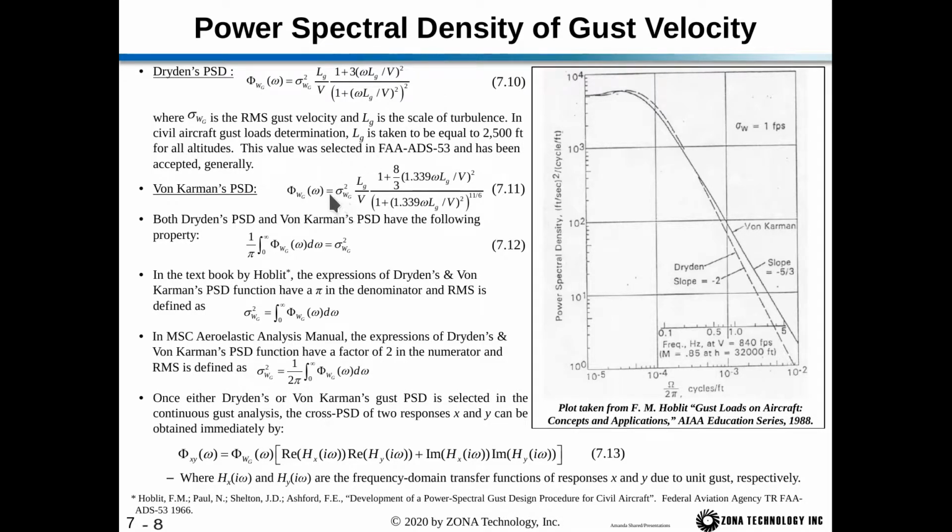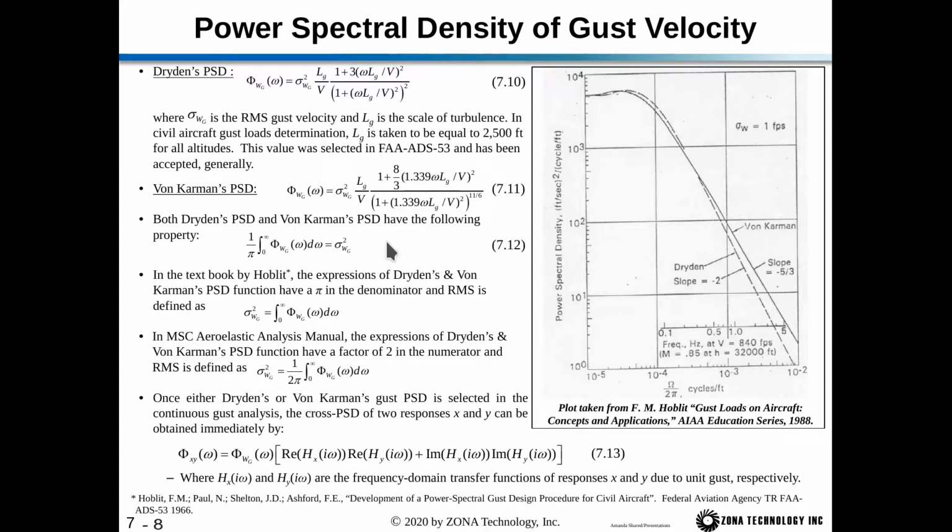Next, we have von Karman's PSD given by equation 7.11, shown here. Now, both Dryden's PSD and von Karman's PSD have the following property where if we take this integral, we obtain sigma WG squared.